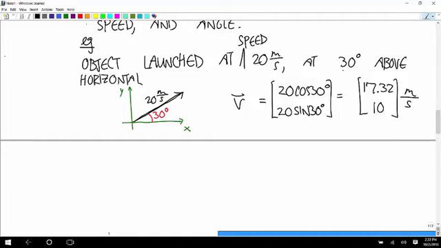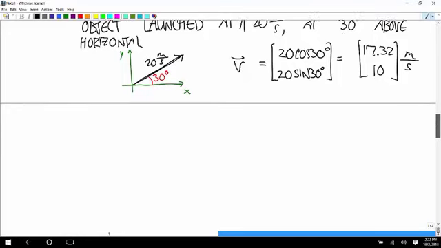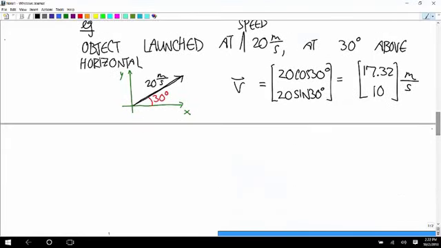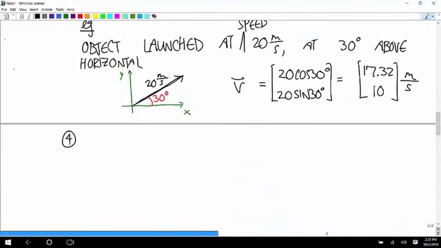Okay, one last thing that's going to be important here. In 1D, how did we specify when something was launched up into the air? How did we specify when it reached its highest point? The velocity was equal to 0.